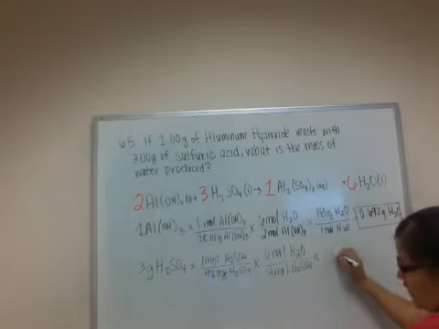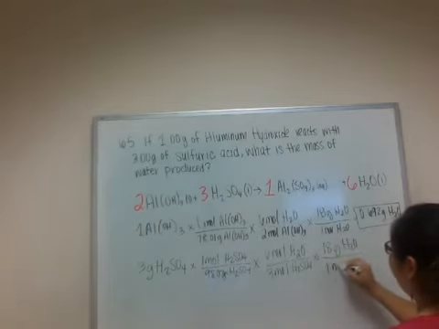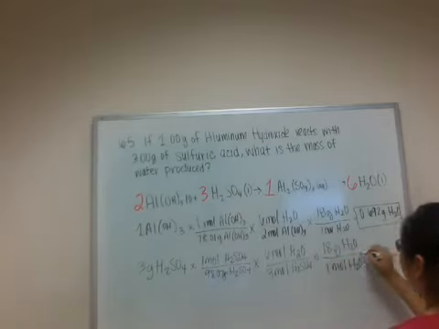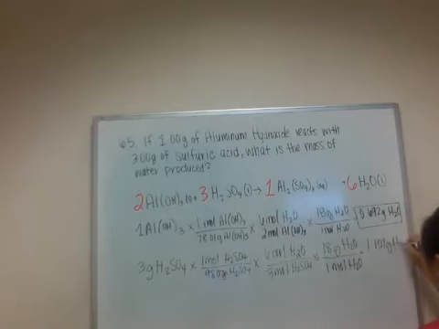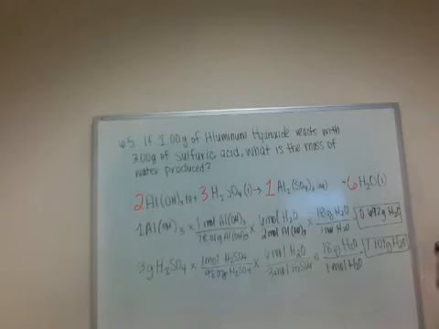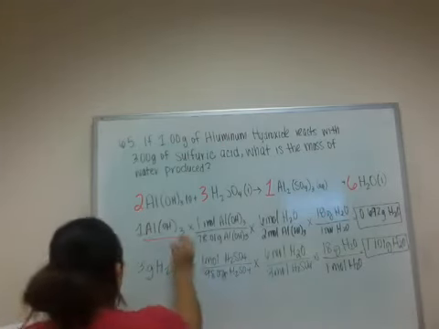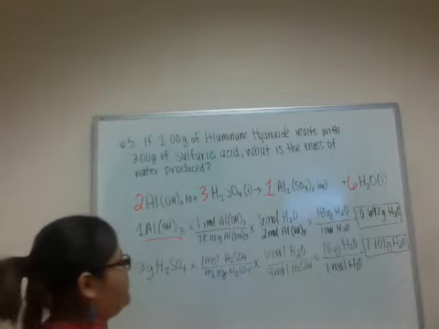And you times that, again, by your 18 grams, your mass of your H2O molecule, by 1 mole of H2O, which then equals 1.101 grams of H2O. Your limiting reactant is the one that produces the lowest number of grams. So your lowest grams produced would be your AlOH3 molecule. So your aluminum hydroxide is your limiting reactant.